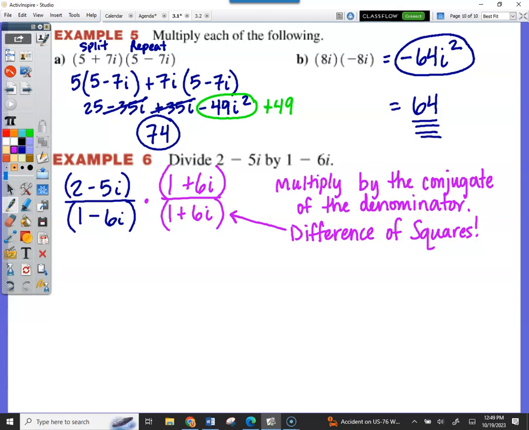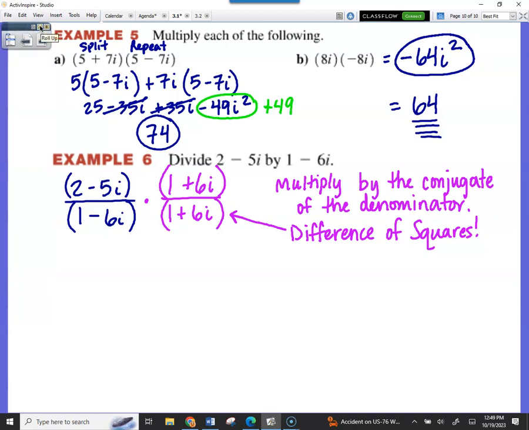So now we're in familiar territory. So if you understand this, take off with it. If you need a refresher on multiplying, there's a lot to write here. So I'm going to do the distributive property, split, repeat.